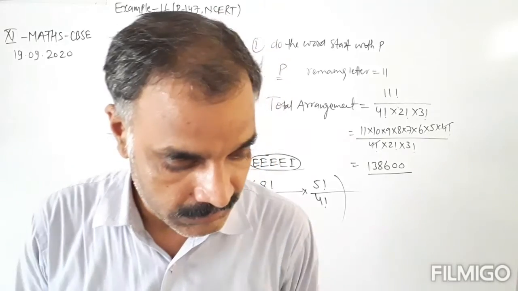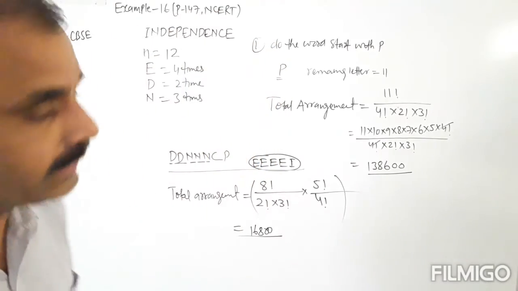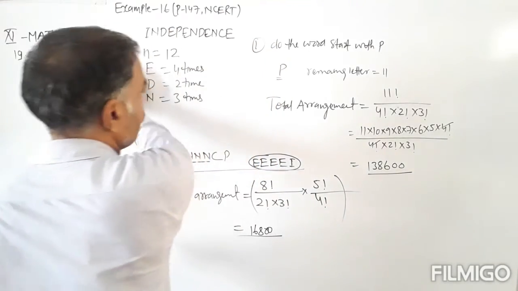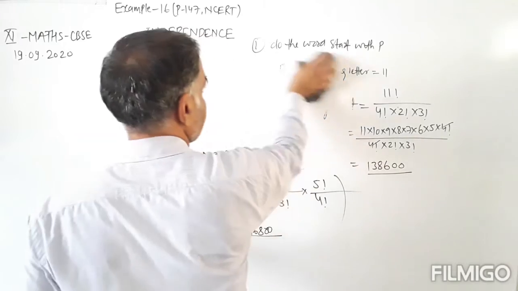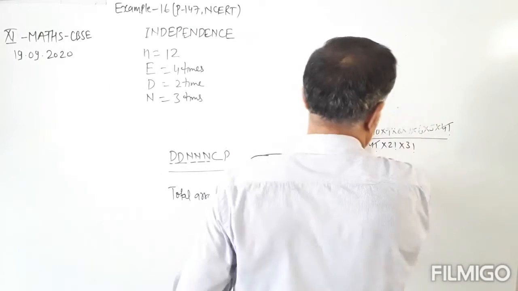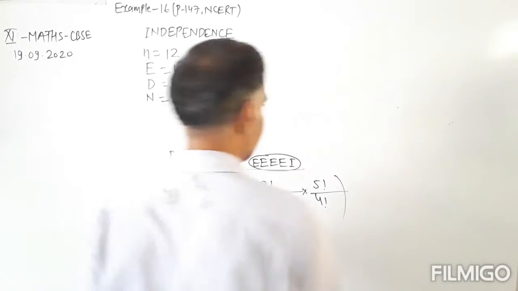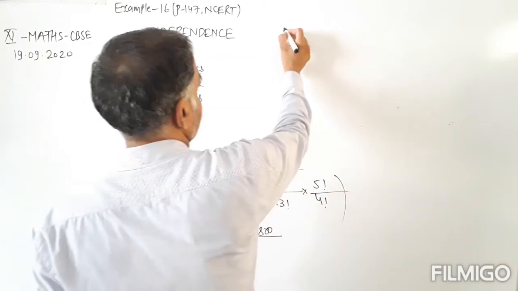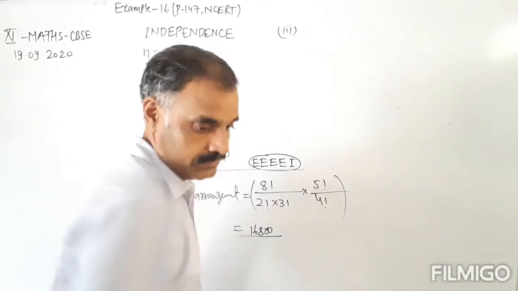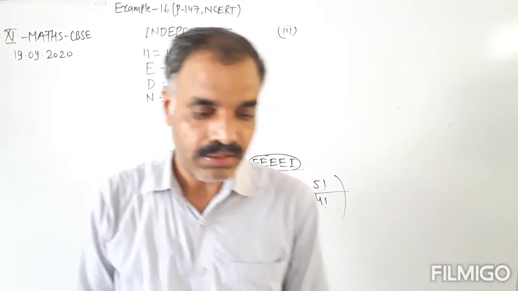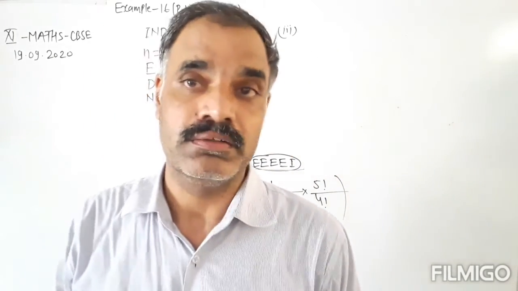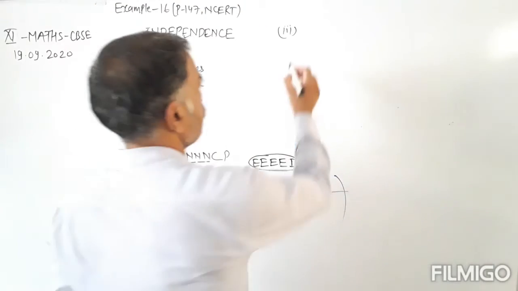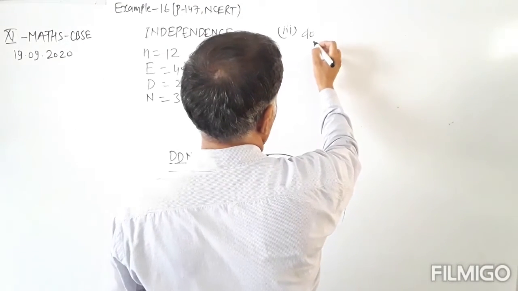Now we have to consider the third part of example number 16, which says: do the vowels never occur together? We have to find the number of arrangements.